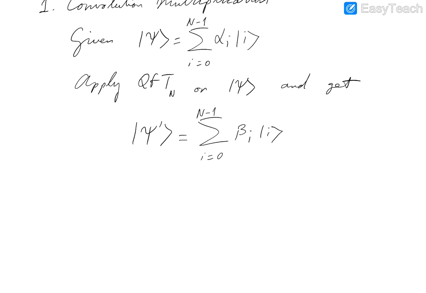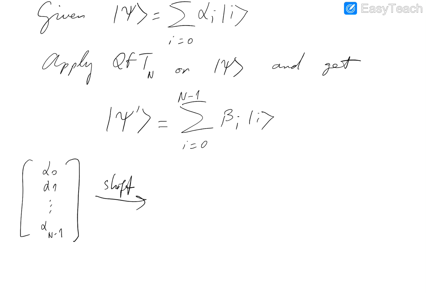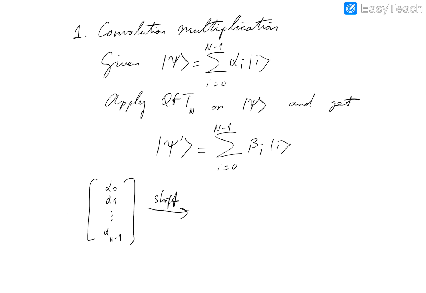But now suppose that we shift the input vector one row down. Originally the input vector is alpha 0, alpha 1, up to alpha n minus 1. But then let's shift this input vector one row down. What we get is alpha n minus 1, alpha 0, alpha 1, up to alpha n minus 2.